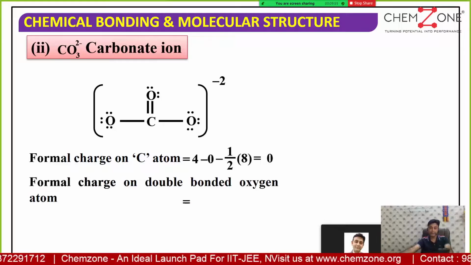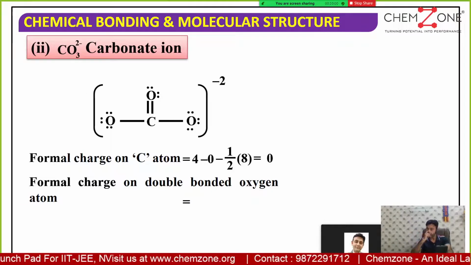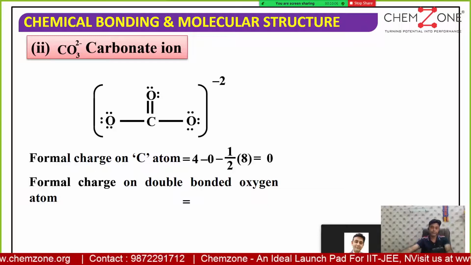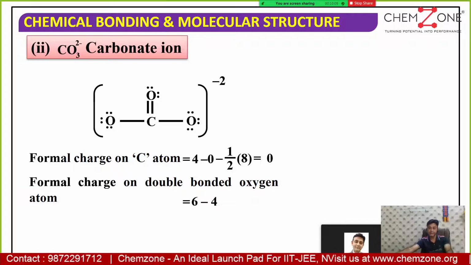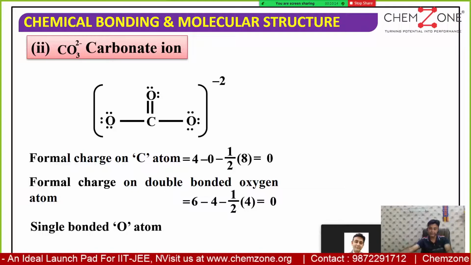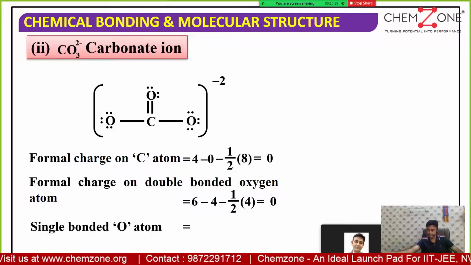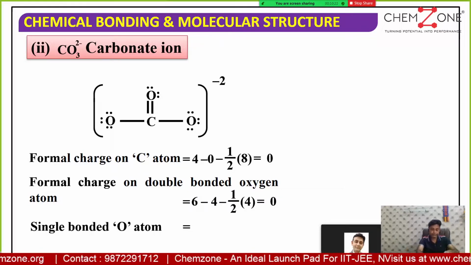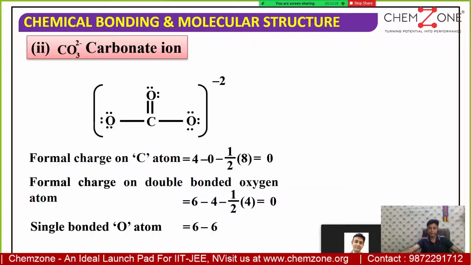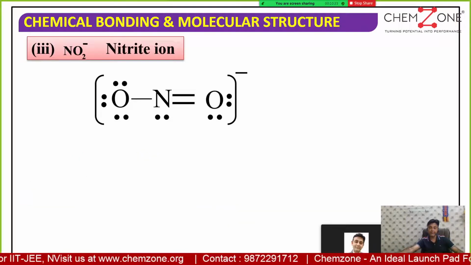Okay. Double bonded oxygen atom: 0. 6 minus 4 electrons, half of the 4, is 0. Okay. Single bonded oxygen atom: 6 minus 6, half of 2 is 1, so minus 1. Got it now? This is the nitrate ion structure.